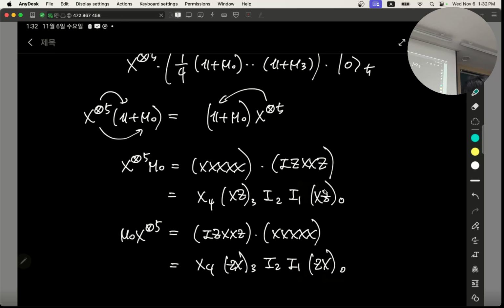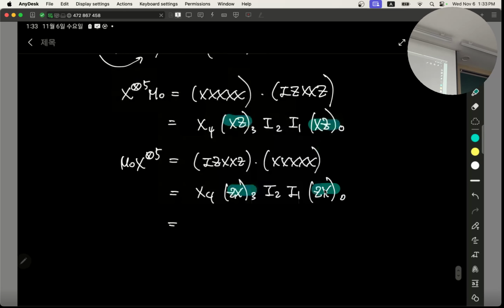The only difference between the two operations is on the 0th qubit and the 3rd qubit. What is the difference? They change the order of multiplication of X and Z. A minus sign appears on each of these in order to change it back to the other order. But since you have the same thing in two places, you get two minus signs, so you get the same thing as the 5 X gates on m0.